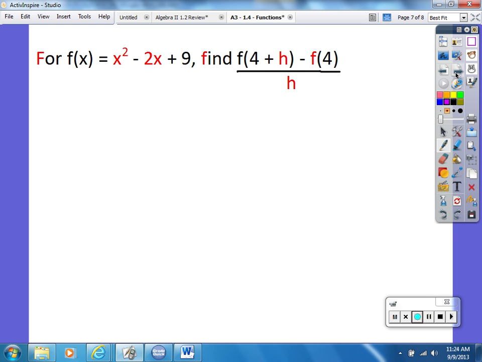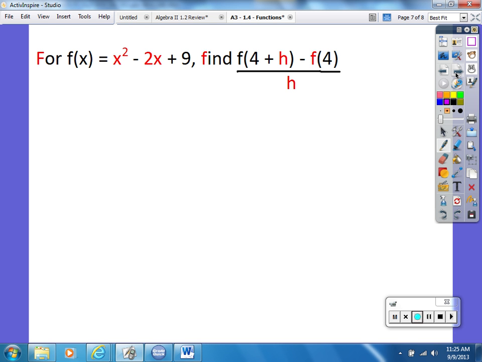This problem right here is very famous. This setup over here with the f, when you start calculus, or if you decide to take calculus, you'll start with limits. And that's the very first thing you'll do in calculus class, working with that. So we're not doing calculus in here, but we should be able to evaluate that.